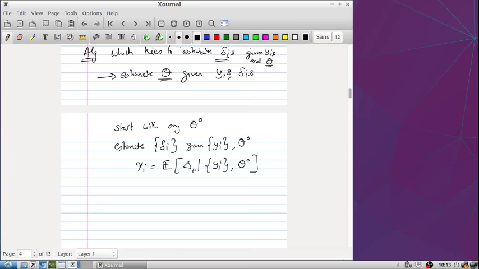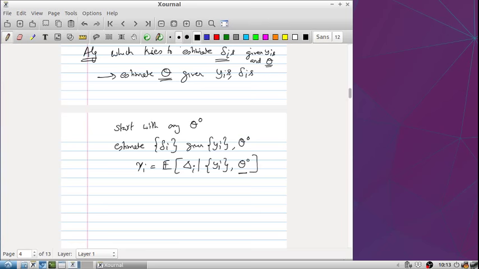Let's say there's a random variable capital delta i corresponding to little delta i. It's not like there's a single delta; there are many different capital delta random variables, one for each yi. Say I start with some parameter theta naught, which tells me what pi is, what mu1 is, mu2, sigma1 squared, sigma2 squared.